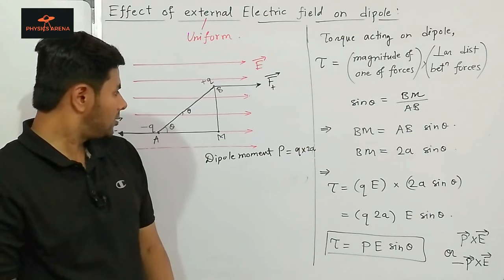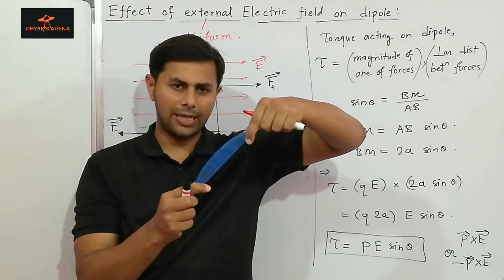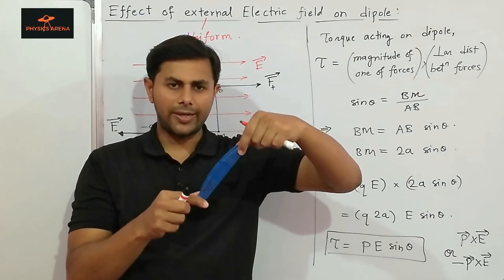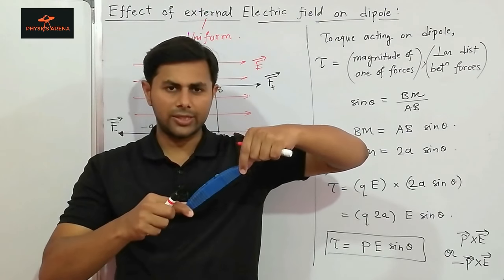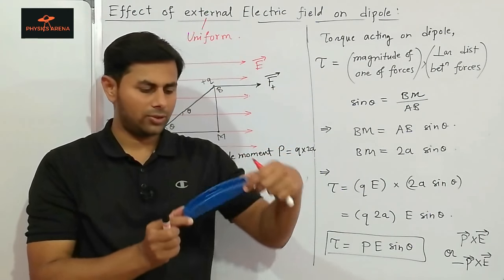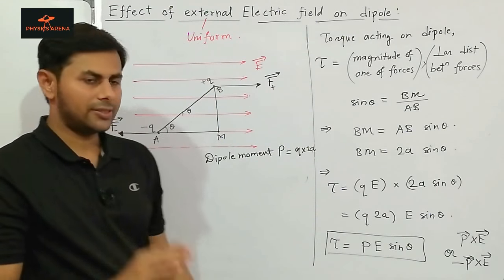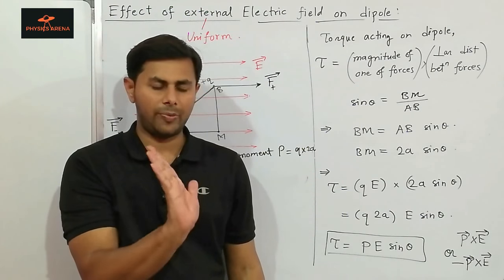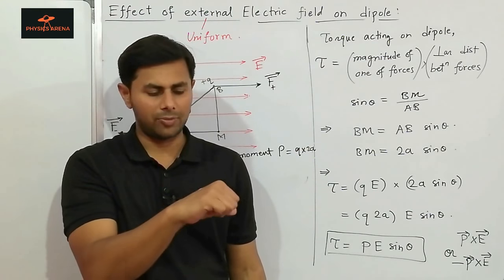Now we have this dipole. Imagine that this is the dipole, this is F plus and this is F minus. In what direction will this dipole rotate if these two forces are acting on it? It rotates like this. For you it is in this direction, the clockwise direction. If the rotation is clockwise, then using the right hand thumb rule we find the direction of the torque.